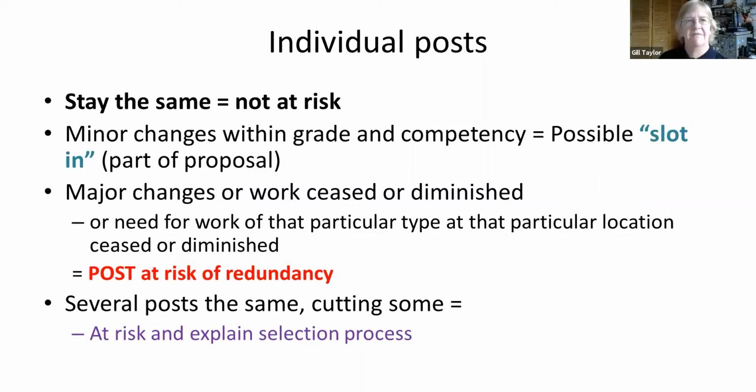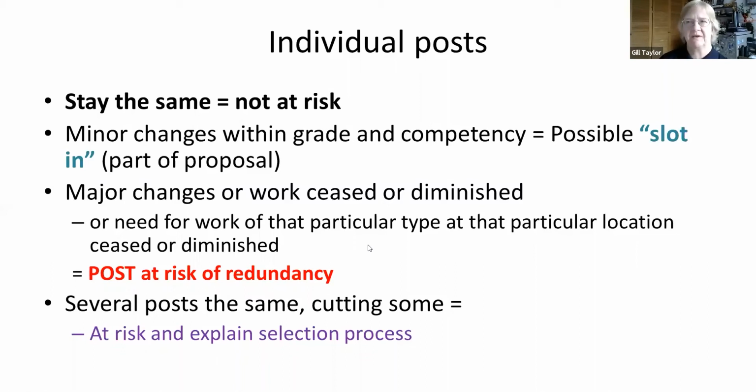So if there are major changes or work has ceased or diminished, this is the definition of redundancy, or need for work of that particular type at that particular location has ceased or diminished, then the post is at risk of redundancy.